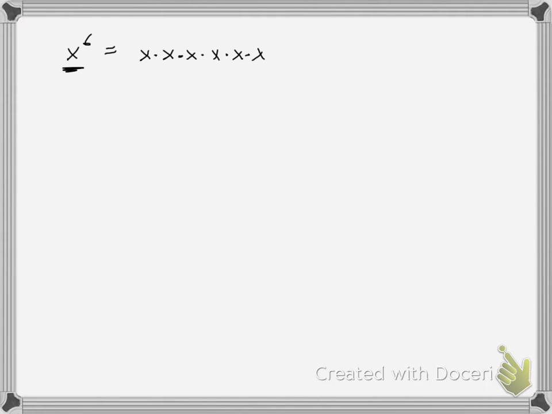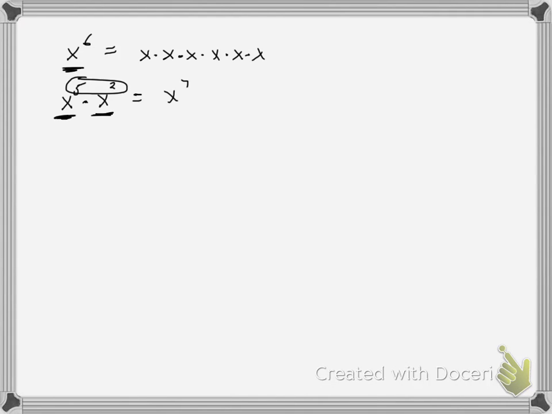So if we have x to the 5th times x squared, what I have is 5 x's being multiplied and times 2 more x's. So how many x's in all do I have? If you wrote all that out, you would have 7 x's in all. So when we are multiplying variables, we are adding the exponents. And just writing it out longhand will make that very, very clear to you.